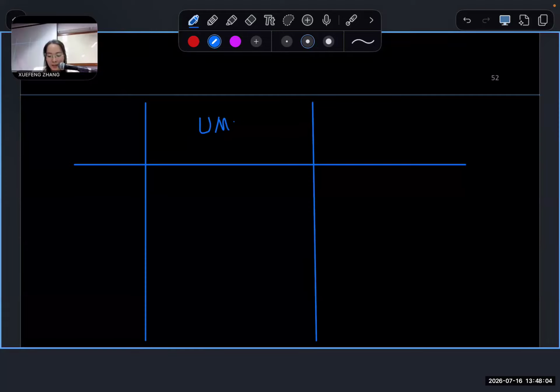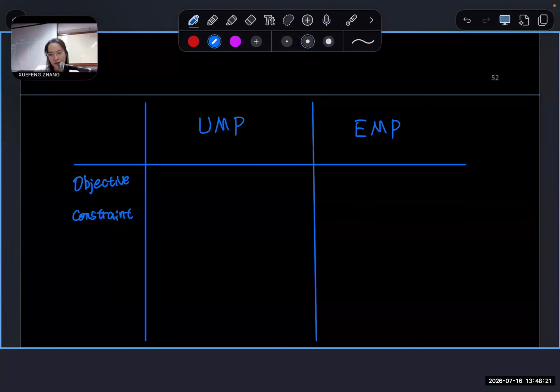Utility maximization problem and expenditure minimization problem: what is the objective? What is the constraint? What's fixed? And what is free? Result?